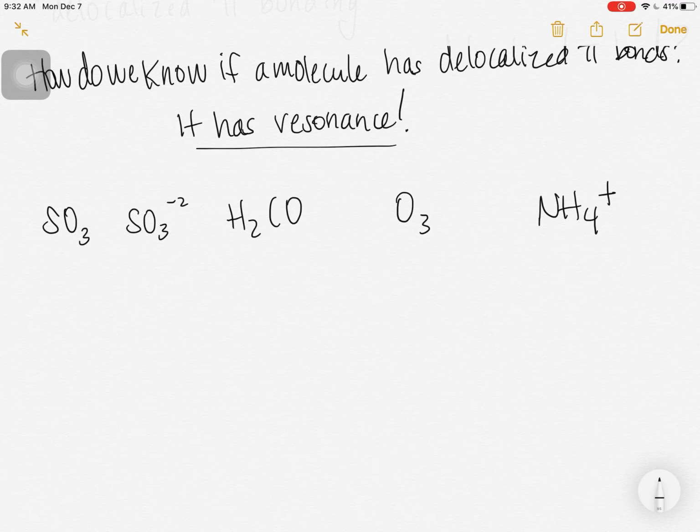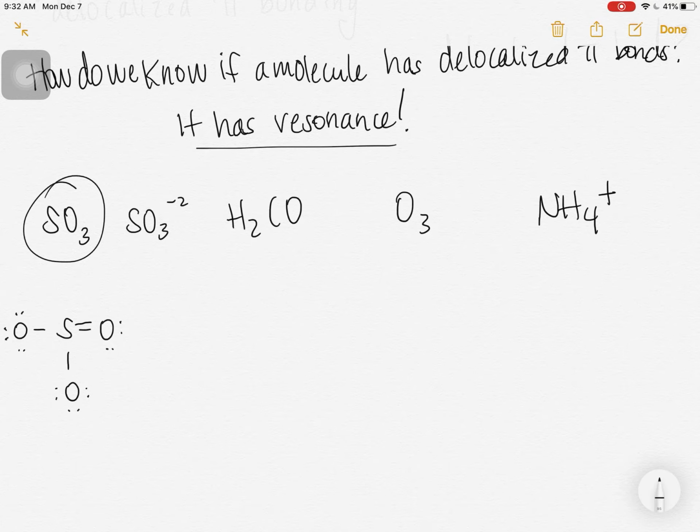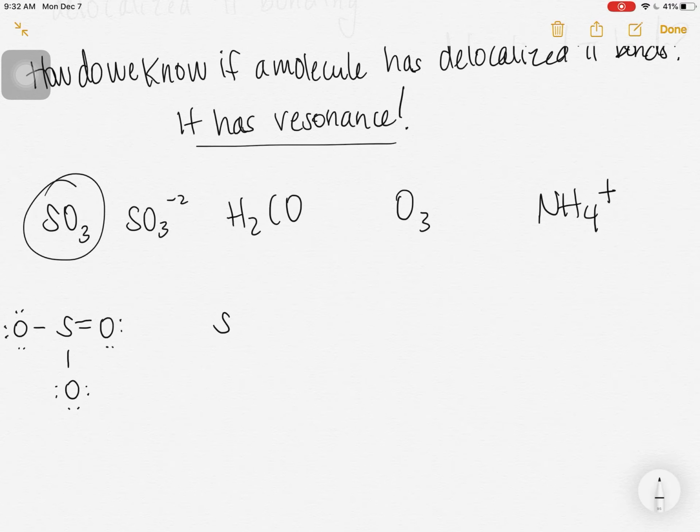Okay, here are my answers for which have delocalized pi bonding. For SO3, I'm going to shortcut this because I know you have done it on your paper. SO3 looks like this. It definitely has resonance, so SO3 has delocalized pi bonding.